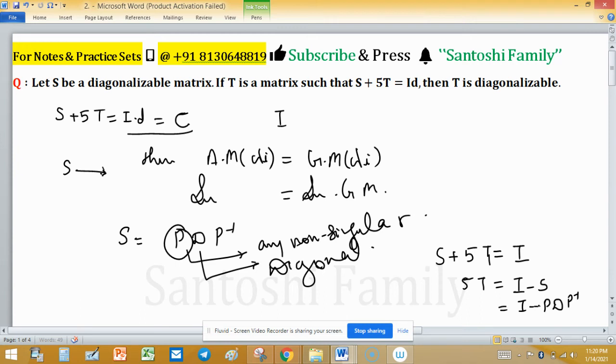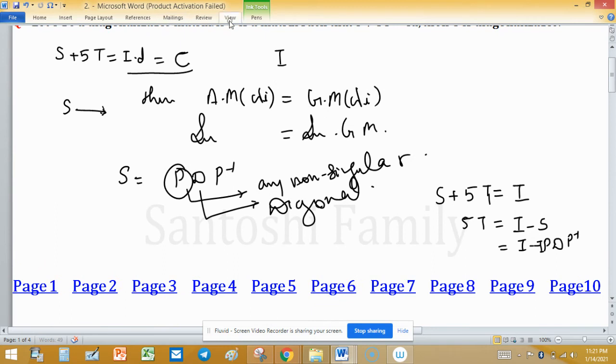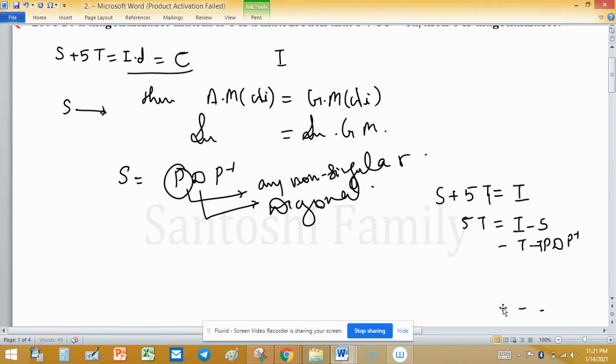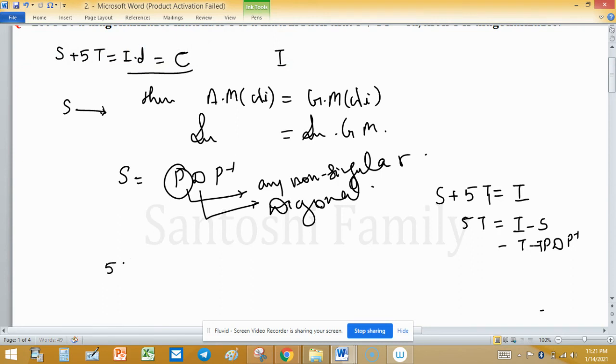Now 5T is equal to identity matrix minus PDP inverse.